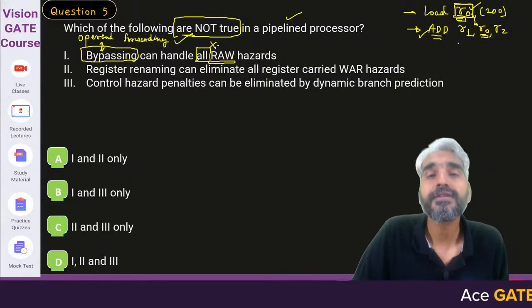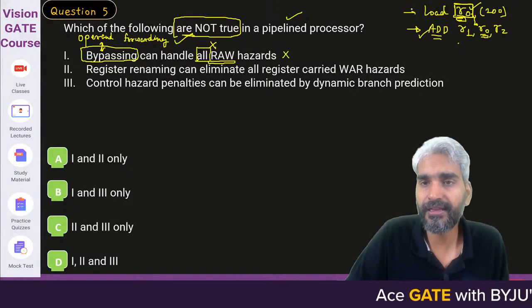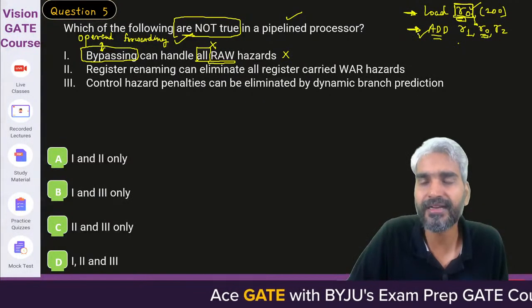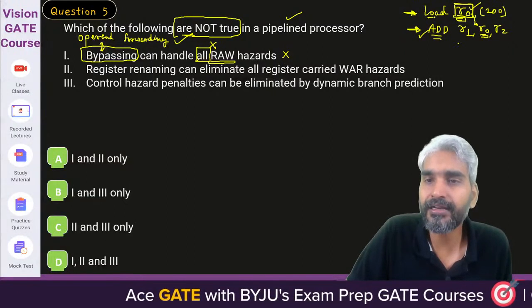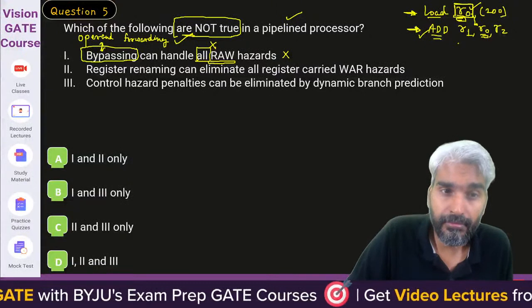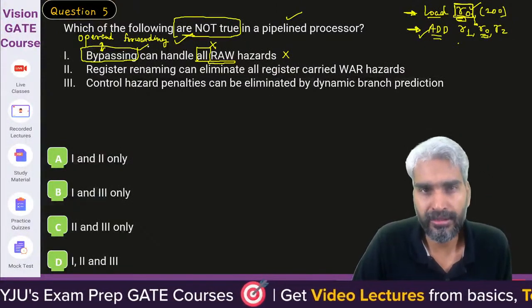No. If the instruction is the load instruction and the next instruction uses the content loaded by that load instruction, then obviously operand forwarding will not be able to solve this particular problem.